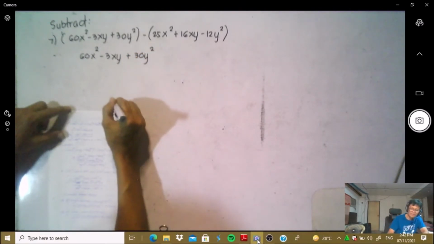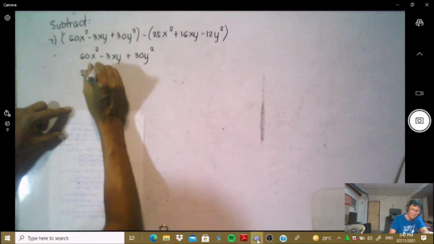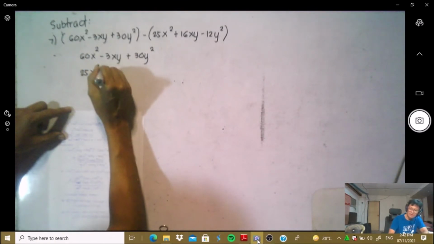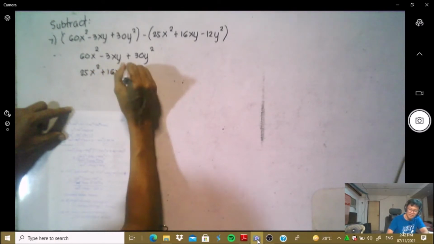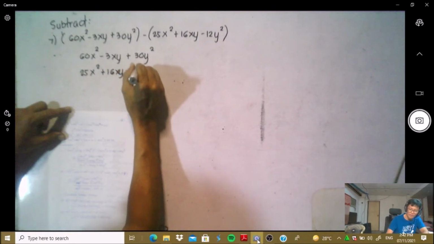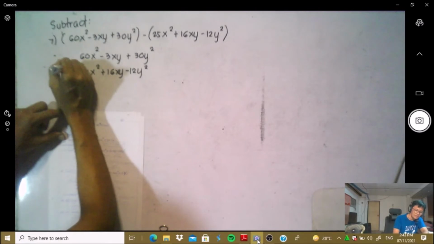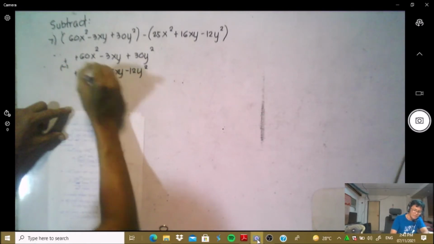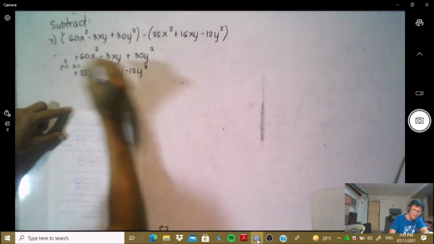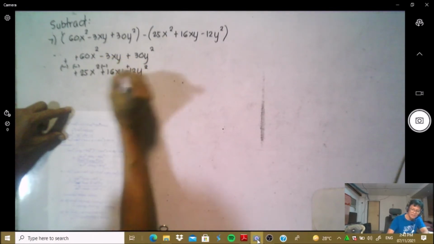Then we have 25x squared plus 16xy minus 12y squared. Okay, we are subtracting, so let's proceed to addition, but we need to change the sign of the subtrahend. So this becomes negative, this becomes negative, this becomes positive, and let's proceed to addition.